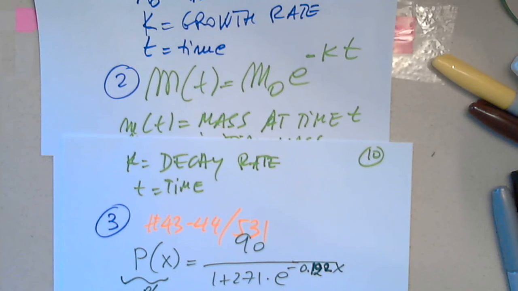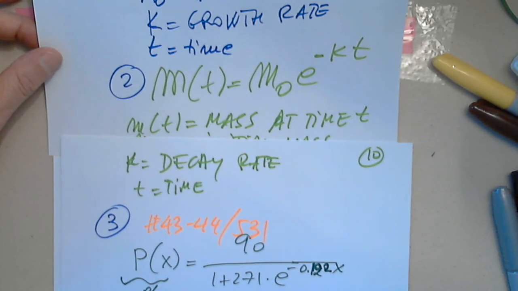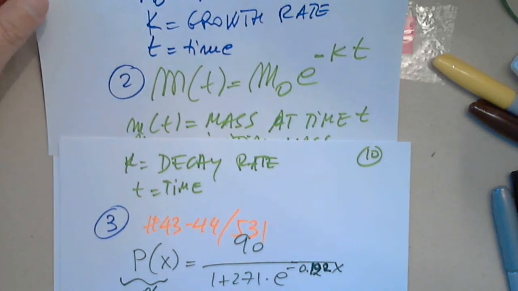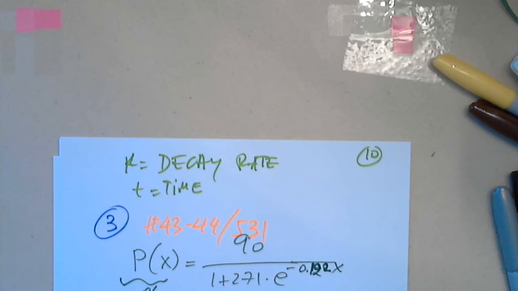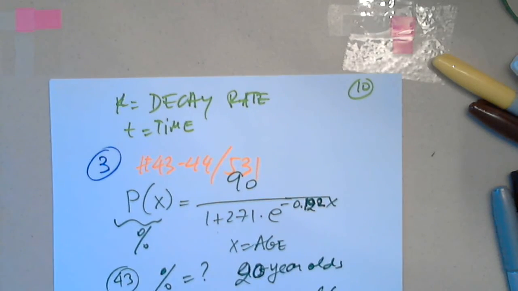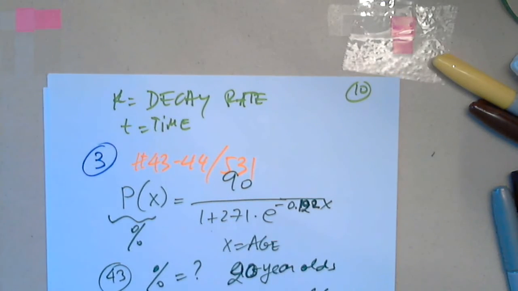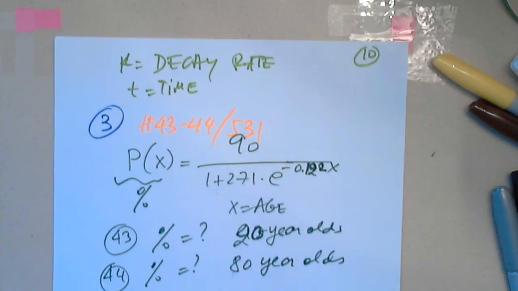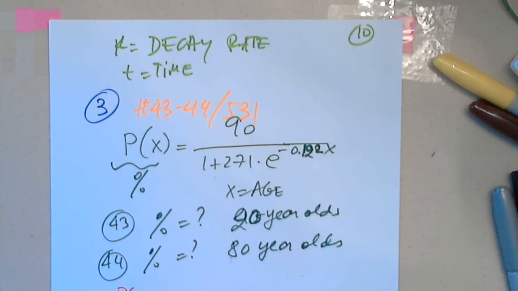And 44, what percentage of 80-year-olds have some coronary heart disease according to the model? What am I asked to do? P of 20 and P of 80? Excellent. So P of 20, P of 80.